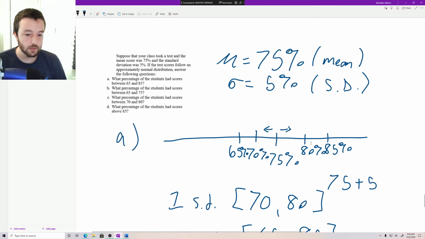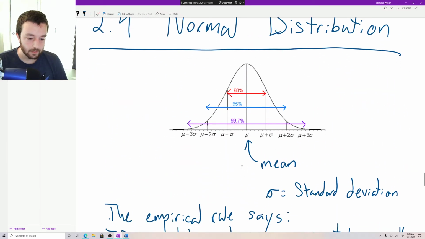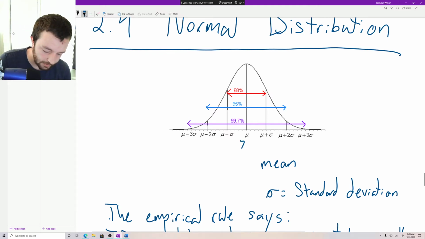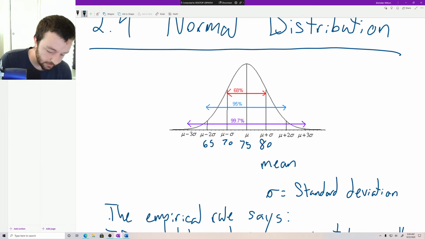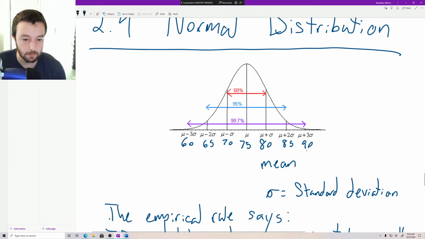B is asking about between 65 and 75. Well, let's go back up to our picture here. So for our data, this is 75. This is 80, this is 70, this is 65, this is 85, this is 60, this is 90. Okay, this is like putting our numbers in.